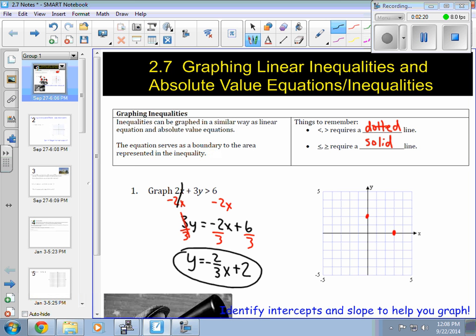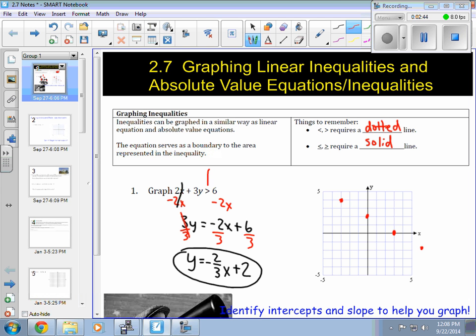So if we started at 2, which we've already found out as a point on that line right here, and go down 2 and right 3, down 2 and right 3, we have some points we have on this line. We could also go up 2 and left 3 and get additional points. So those are the points our line should be going through. Now to graph it, we want to decide, should we use a solid or dotted line here?